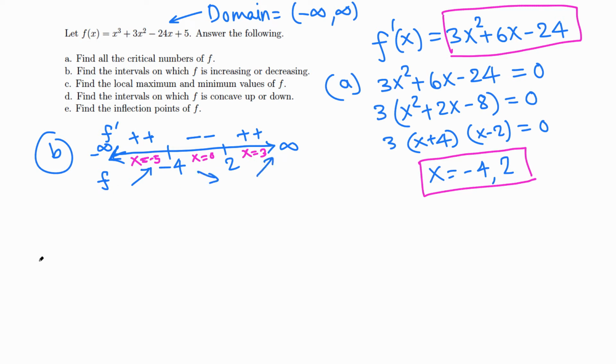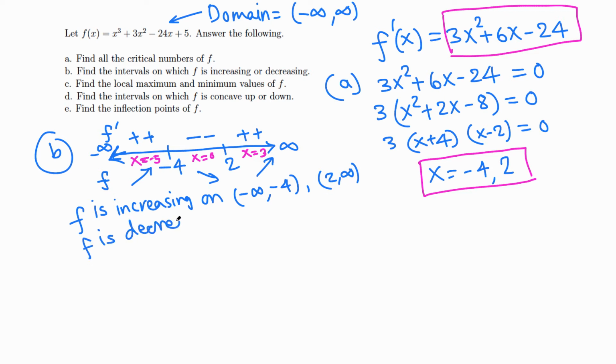So we write it this way: f is increasing on negative infinity through negative 4 and 2 to infinity. f is decreasing on negative 4 to 2. Okay, that's part B. Now let's do part C.